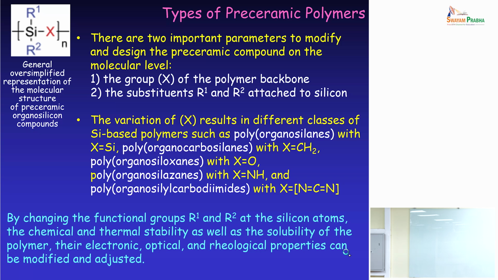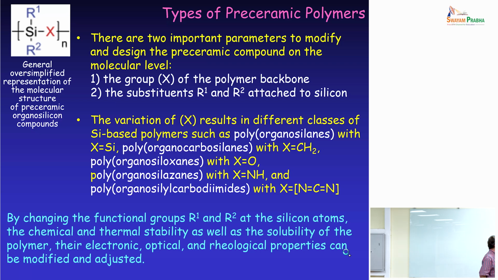You have a silicon atom in the backbone, and you have some side groups, and you have also some groups attached to silicon that constitute the polymeric backbone. So if you change X, the backbone, then you have different classes of silicon-based polymers. You have silanes, carbosilanes, siloxanes, silazanes, or you can have imides.